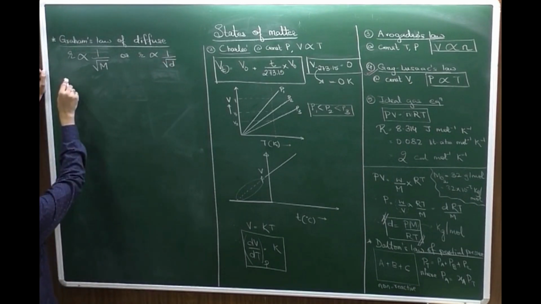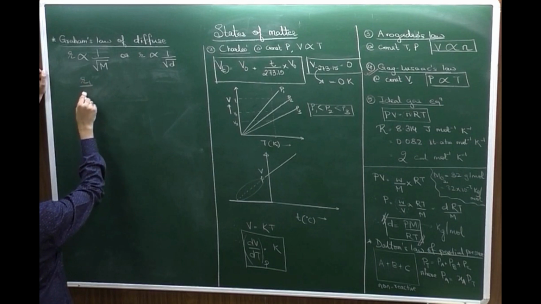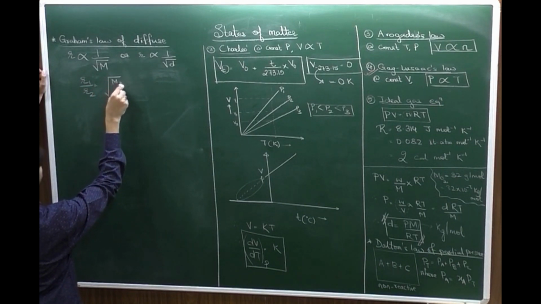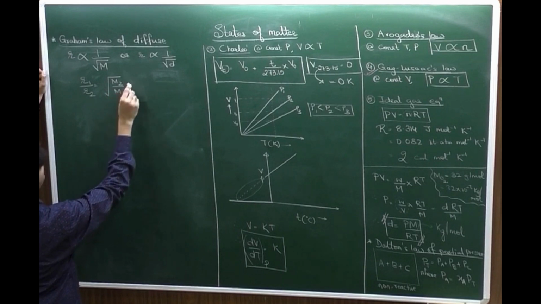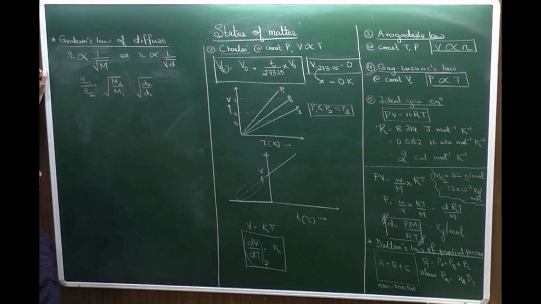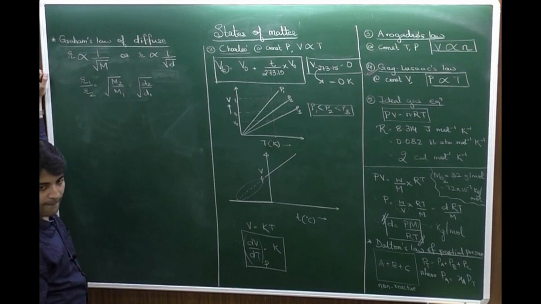So if you are given two gases, then the ratio of rates of diffusion R1 by R2 could be calculated as root of M2 by M1 or root of D2 by D1. This comes straight from that equation, C equals root of 3RT by M, the kinetic energy KTG expression.